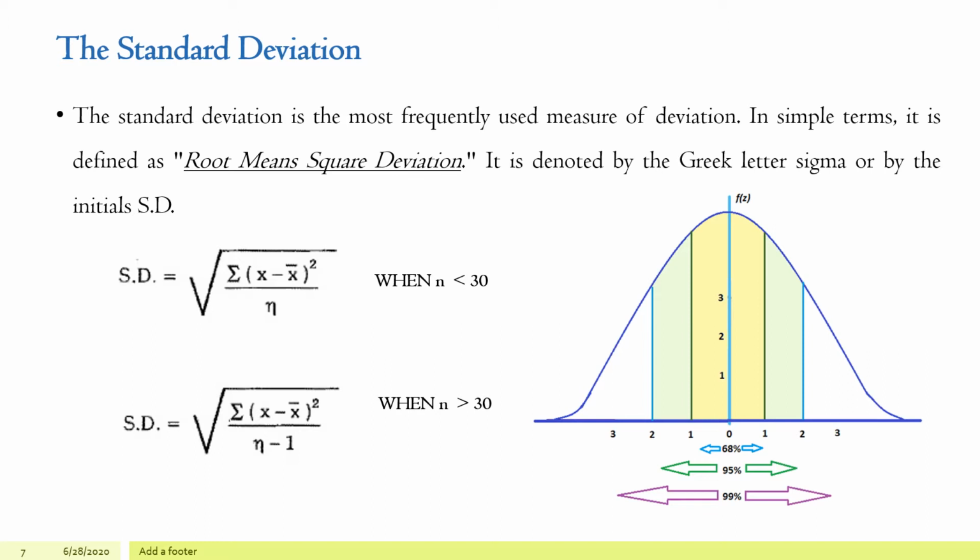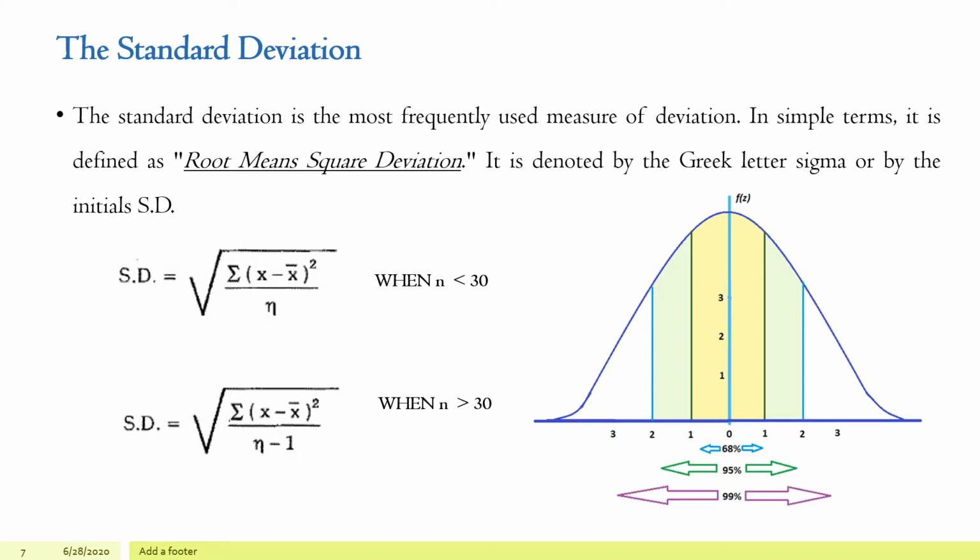And this is the normal curve, and here you have to keep in mind that when the standard deviation is between -1 and +1, the values will be around 68%. So in all the data you have collected, if the standard deviation is between -1 to +1, it will have 68% of your data.